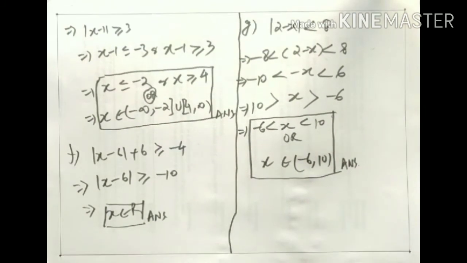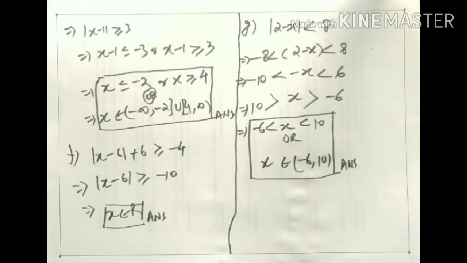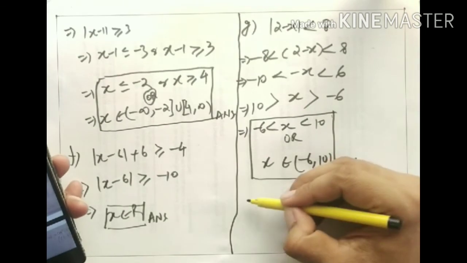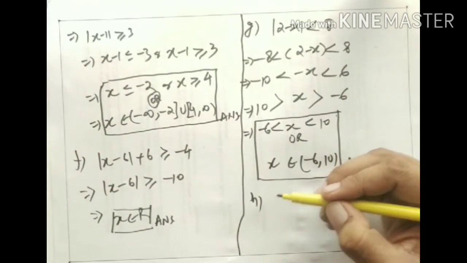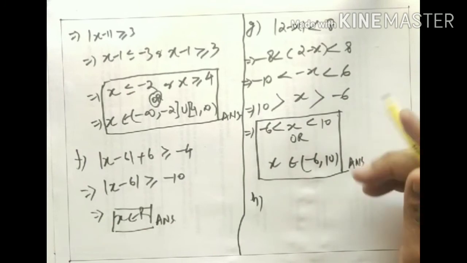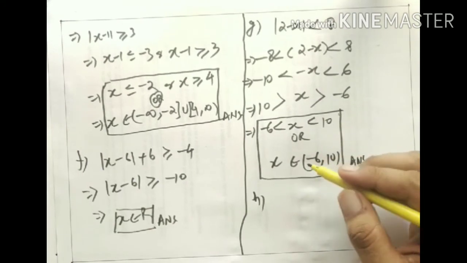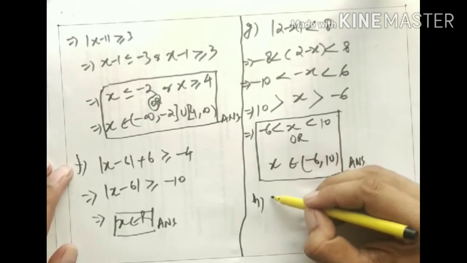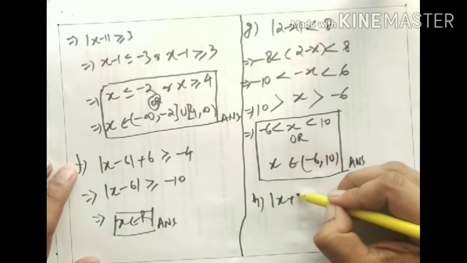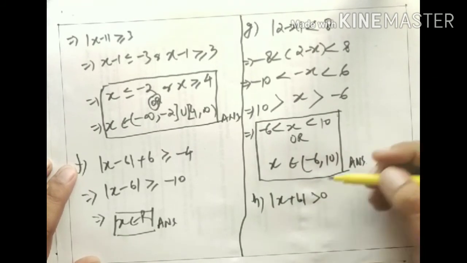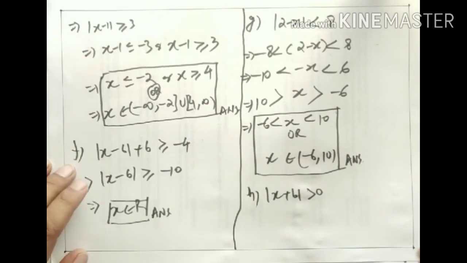Now the next part is the H part. It is saying mod of x plus 6 is greater than 0. We know by the basic definition of modulus that the modulus of any real number is greater than or equal to 0.